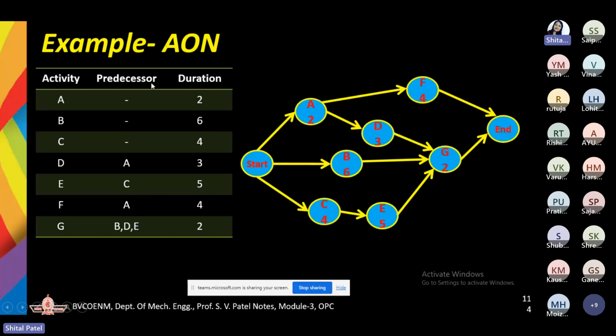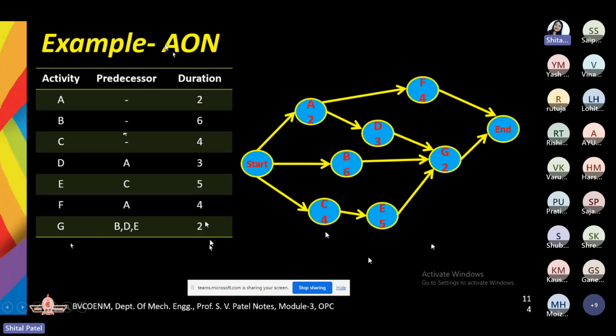There are two types of network diagram: activity on node and activity on arrow. Here I have drawn the activity on node. So we have activities A, B, C, D, E, F, G. We have predecessors accordingly, and we have the durations as well, right? So let's start with the AON method.